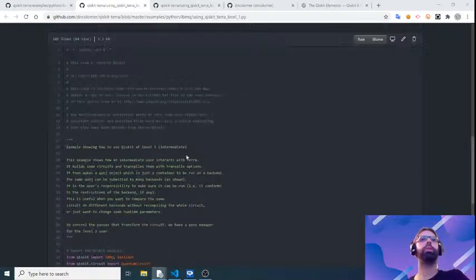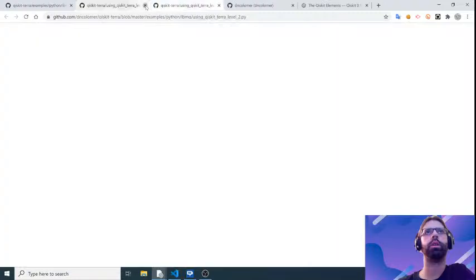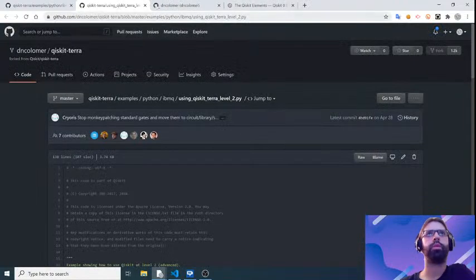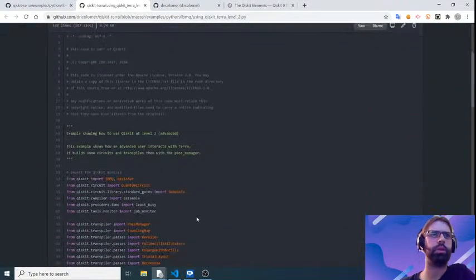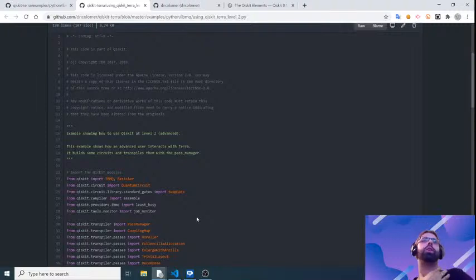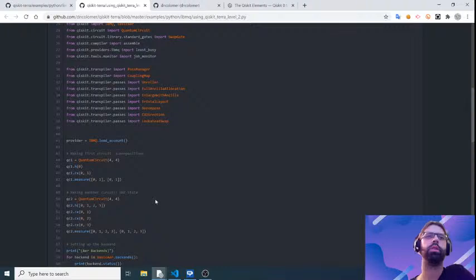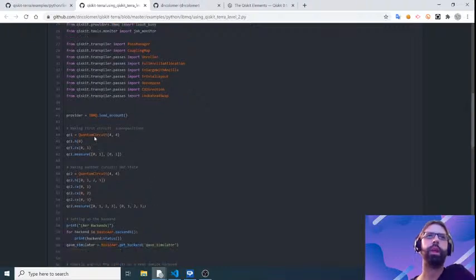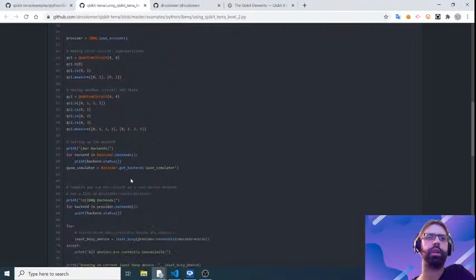Those are examples, okay. What's in the last example? This example shows how an advanced user interacts with Terra. It builds some circuits and transpiles them with a pass manager. Making the first circuit, making another circuit, setting up the backend.